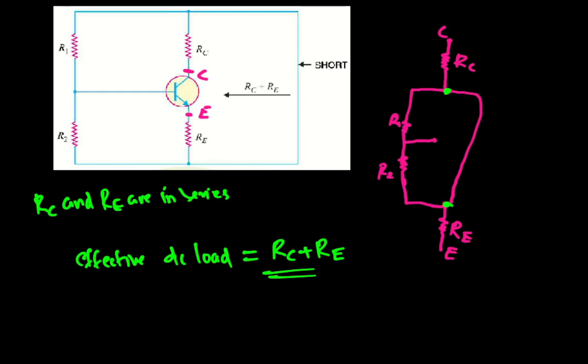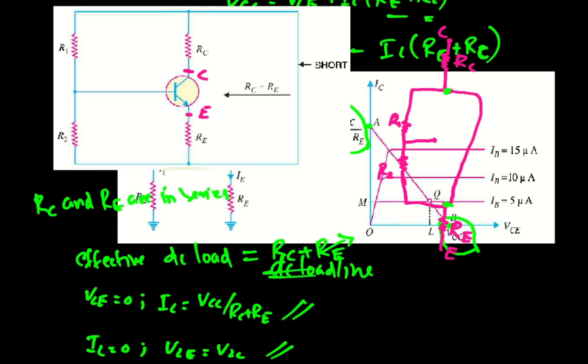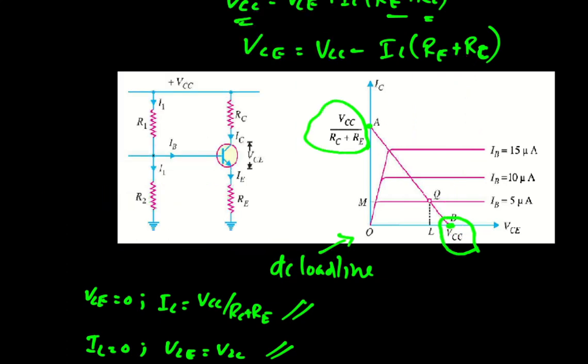Then the different currents and voltages can be obtained by applying Kirchhoff's voltage law, and we can also draw the relation between the output voltage and output current, that is, IC and VCE, on a graph, which is a straight line according to the relation VCE equal to VCC minus IC into (RC plus RE).